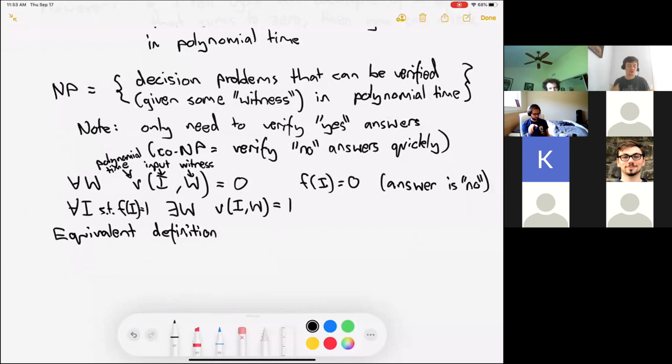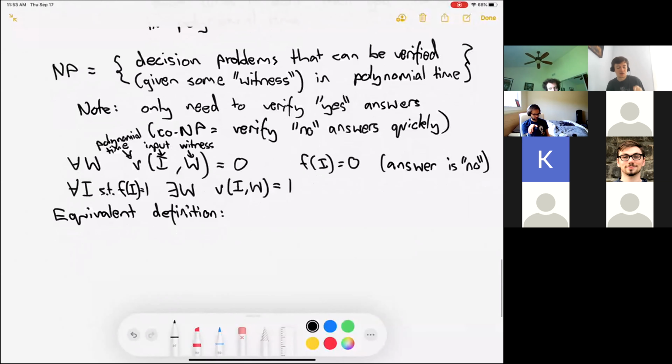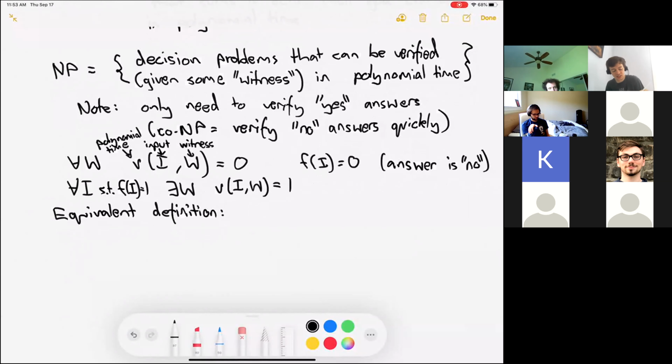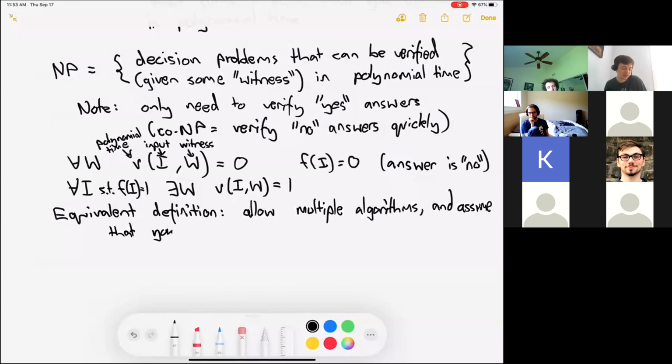Which is actually the origin of the name non-deterministic polynomial time, which basically is the following. Allow multiple algorithms and just assume that you guessed, right?